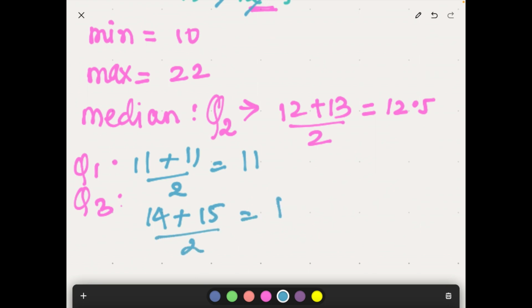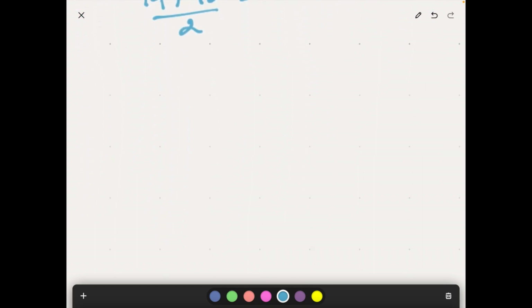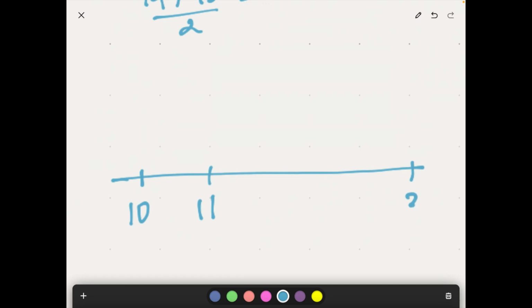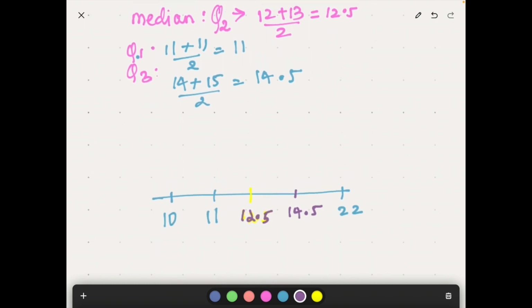Now that we have all of these values, quartile 1, quartile 2 and quartile 3, we are going to start plotting the box plot. If this is my horizontal axis, I have 10, 11, 22 here. Here it is, let's say 12.5, and somewhere over here it is 14.5. So my Q2 is 12.5, my Q1 was 11, my Q3 was 14.5. So I'm just making a box.